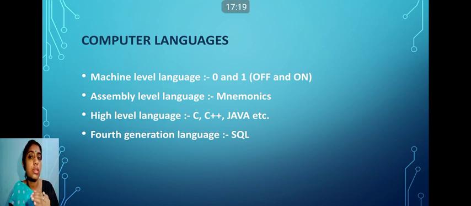Suppose you know Hindi and somebody is talking in English, so a translator, a person who can translate that English into your language, Hindi, is required. Suppose you know English and somebody is talking in French to you, so a translator, a person who knows English and French both, is required to translate your thing into French so that that person can understand, and French into your language so that you can understand.